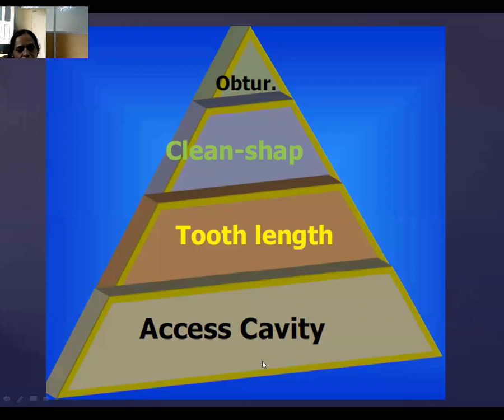Access cavity is simple, but very important. If this cavity preparation fails, this pyramid will collapse. The most important step of root canal treatment is access cavity, that's why it is shown in a pyramid shape. And these are the steps of RCT.